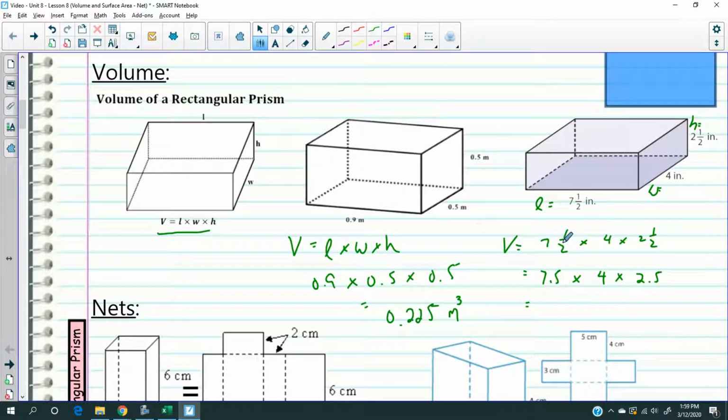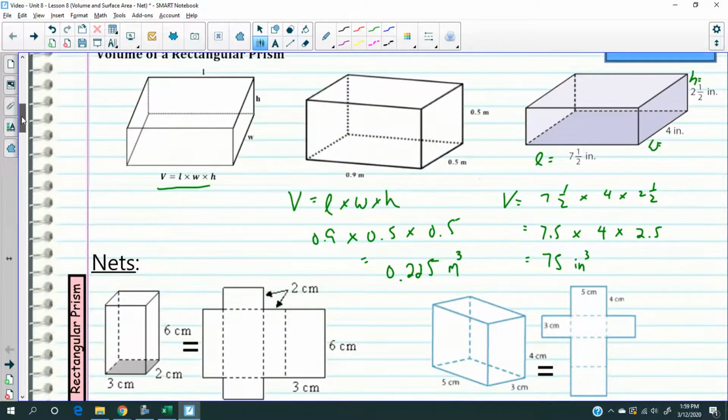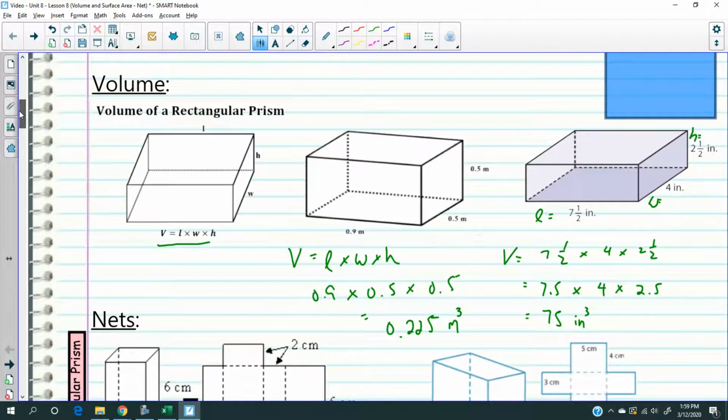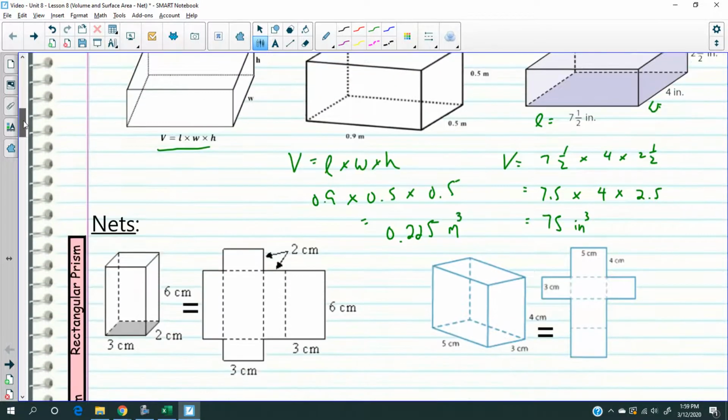If you want, you can convert these into improper fractions, multiply, right? You know that. All right, 7.5 times 4 times 2.5 is 75. 75 what? Inches cubed. Cubic inches, actually. That's really how you say it. Okay, all right, now, so that's it. That's so one down, all right, 2 to go. So that's volume. That's all you need to know about volume.